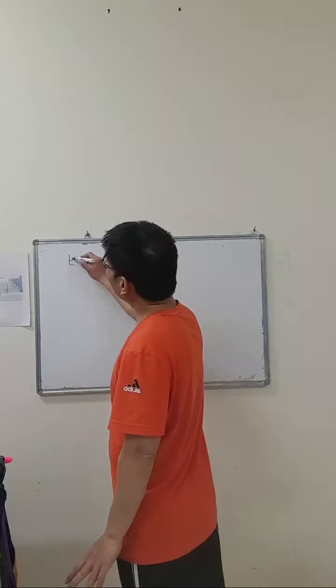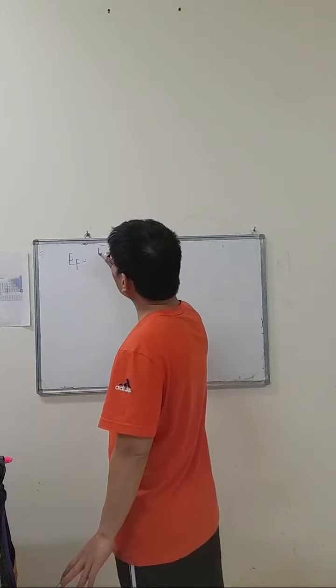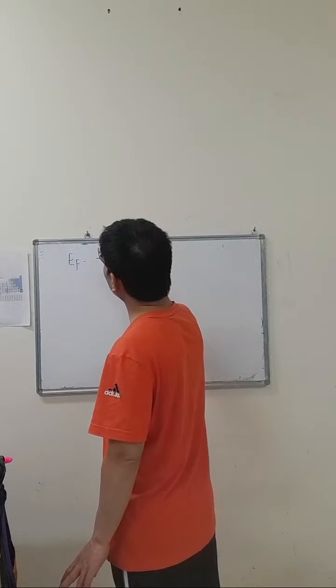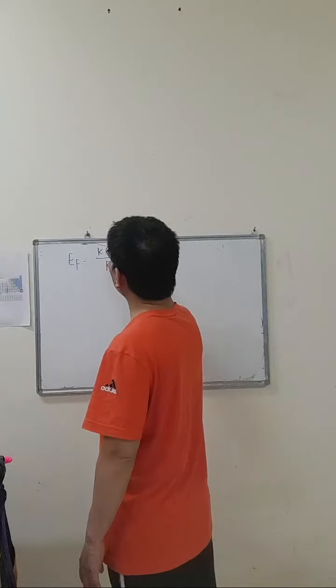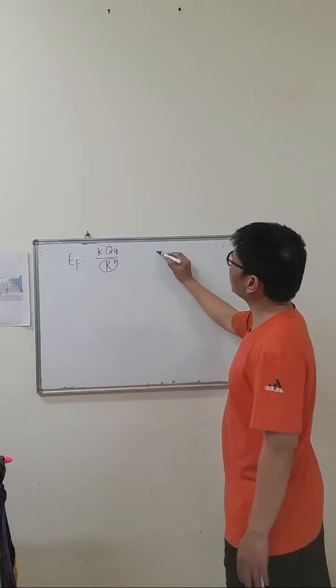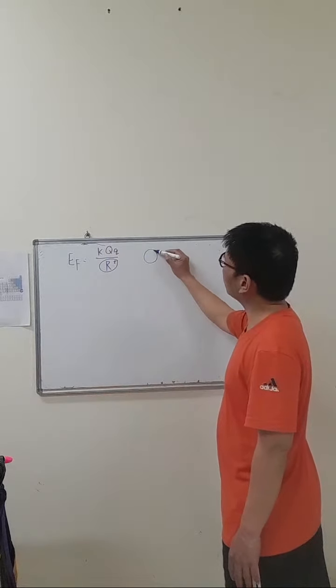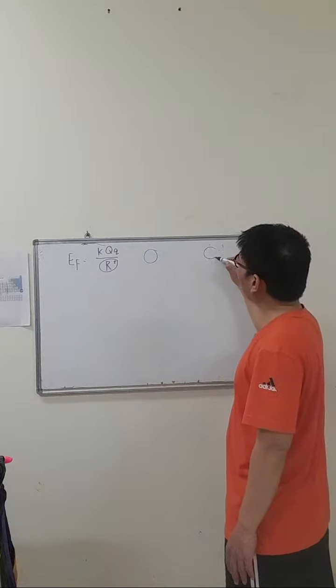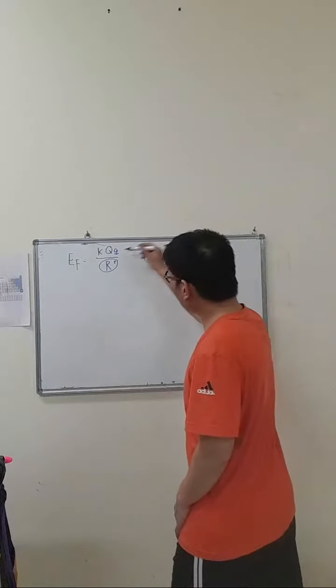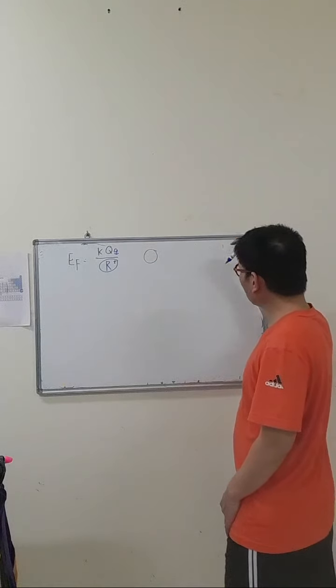right? F is equal to K times Q times small q over R squared. Okay? This R here is the distance. For example, if you have two objects here, like this, one big circle, and this small circle here is the small q.